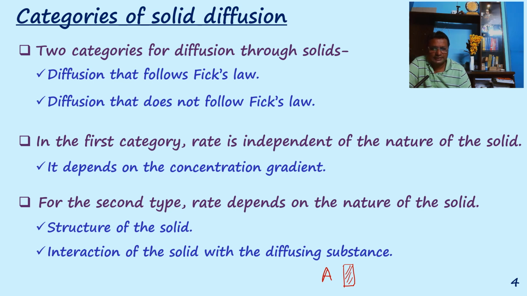Okay, so as I said, in this video we will be discussing the first category, that is diffusion that follows Fick's law. So next we are going to understand how you can apply Fick's law for diffusion through solids.